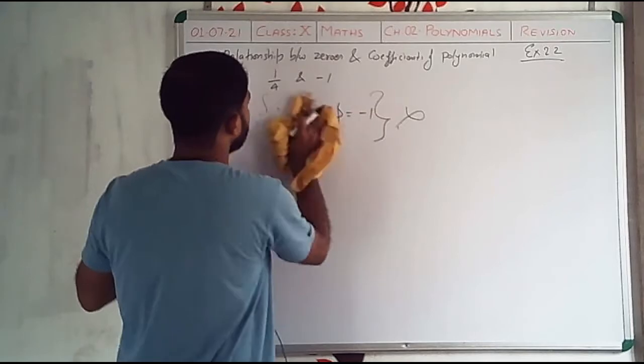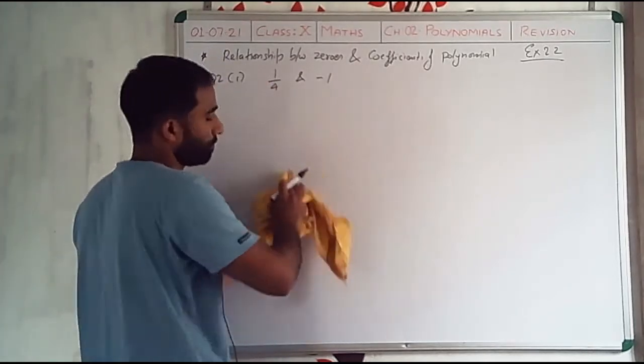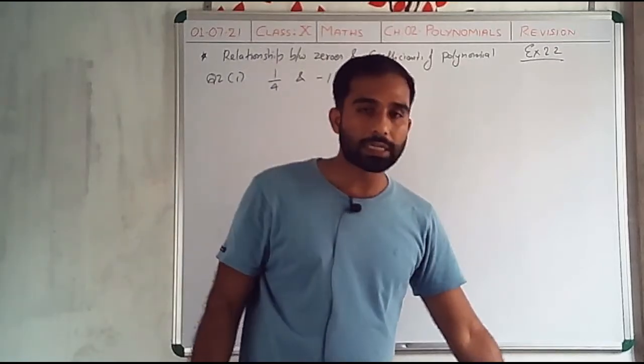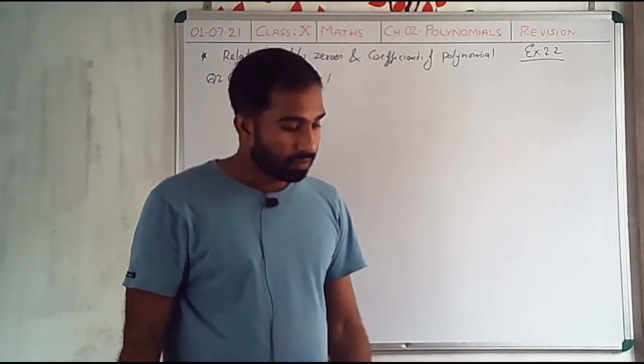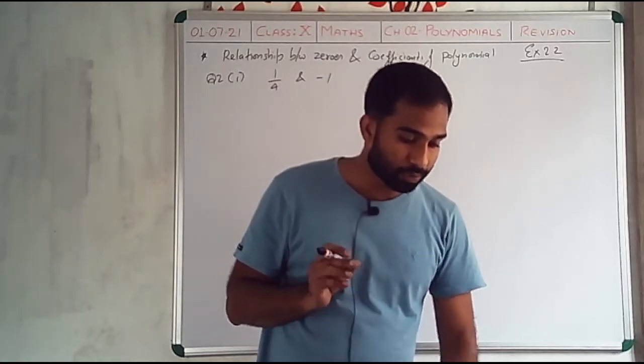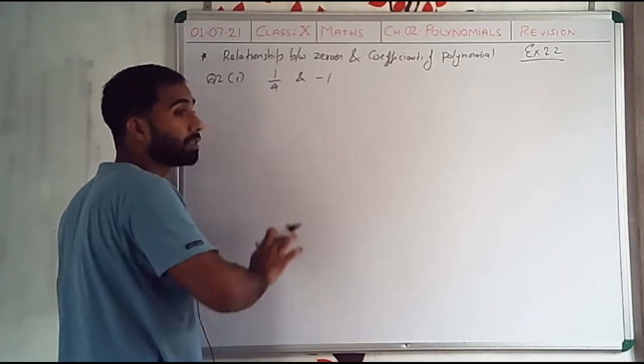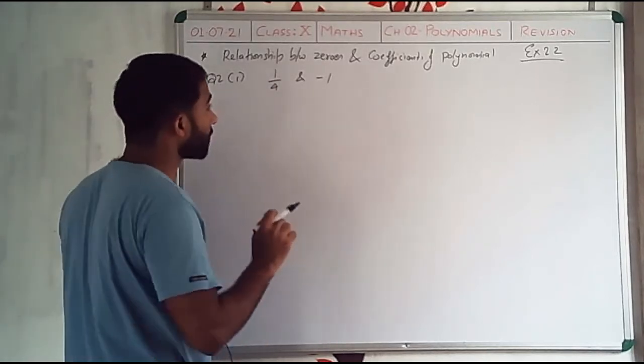The question is, find a quadratic polynomial, each with the given number as the sum and product of its zeros. It means the first part is the sum of the zeros and the next one is the product of the zeros.